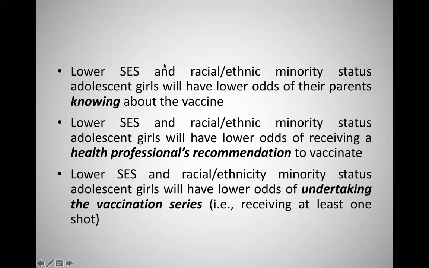The vaccine was not covered by insurance at that time. I'm not sure if it's covered right now. And I think it's 3 doses and it costs around $500. Okay, so there was wide dissemination of the vaccine after it came out in 2006. And what we are looking at here are data starting from 2008 to 2010.